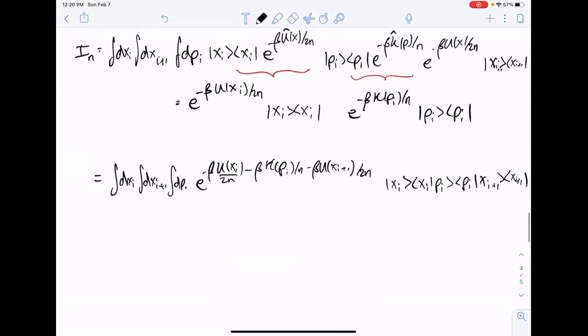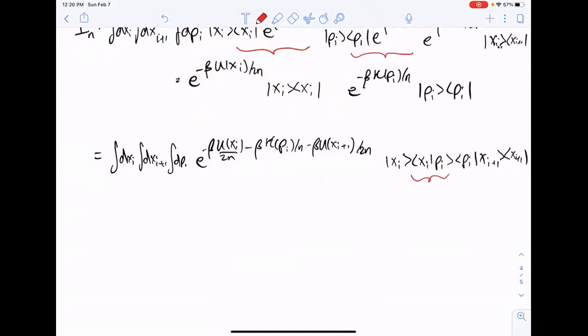But I've already introduced what those states look like. The projection of the momentum state pi into real space is e to the i pi xi over h bar. Analogously, the complex conjugate of the projection of pi into xi plus 1 is e to the minus i pi xi plus 1 over h bar.